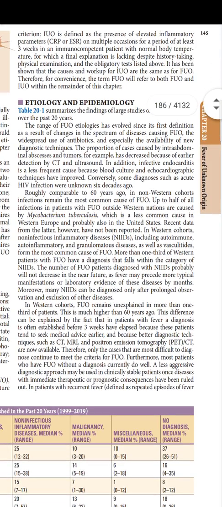And in etiology and epidemiology also, you would have to see some differences. Roughly comparable to 60 years ago, they have given that tuberculosis is common outside Western nations, and in Western nations still the non-infectious inflammatory diseases are common. There are some new points added there. You have to read it.